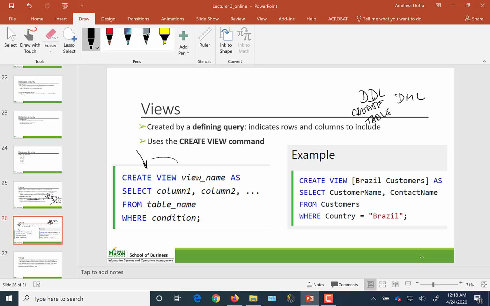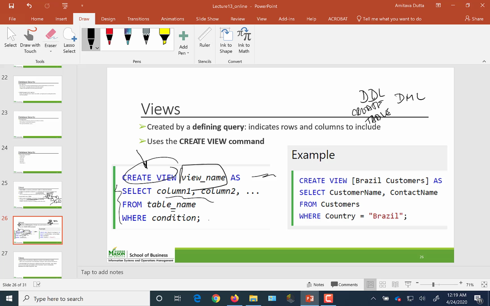So here you have create view, and if you look at the syntax, it's very similar to a create table command. So create view, you give the name of the view, and then you give your names of columns that you're selecting, and then you have from where.